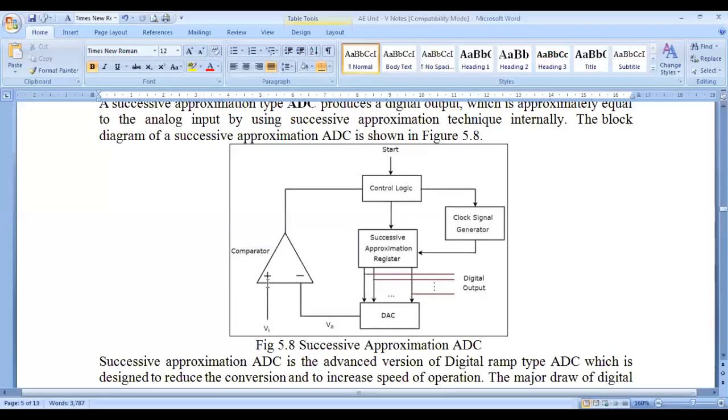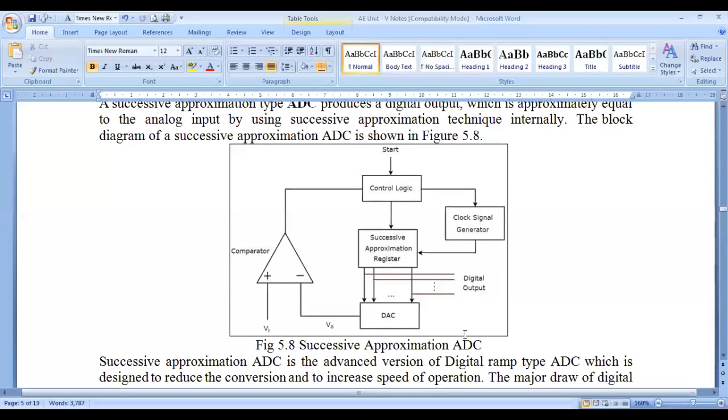The input is given to the positive terminal. When the DAC output is available, it is given as input to the negative terminal. The actual digital output is available here. We are doing analog to digital conversion. Analog input is given here, digital output is taken here.